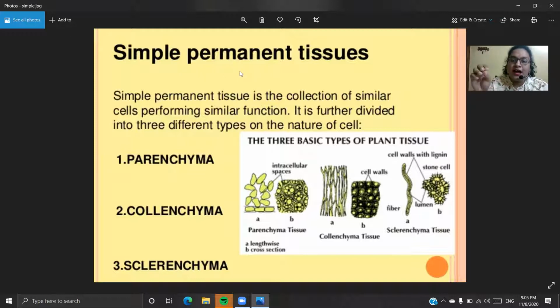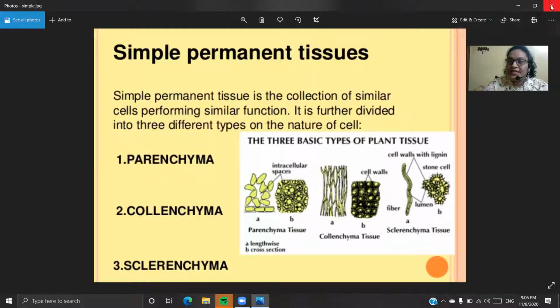All the cells are going to be similar in their shapes and similar in their functionality especially. So simple permanent tissues are a collection of cells having the same functionality. And we have three different types of these simple permanent tissues: parenchyma, collenchyma, and sclerenchyma.